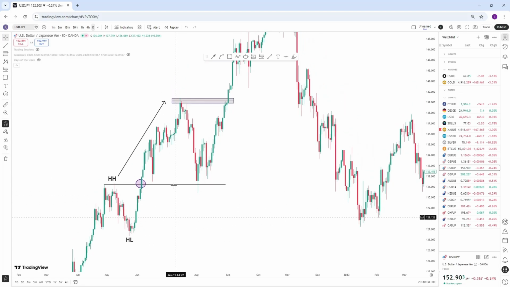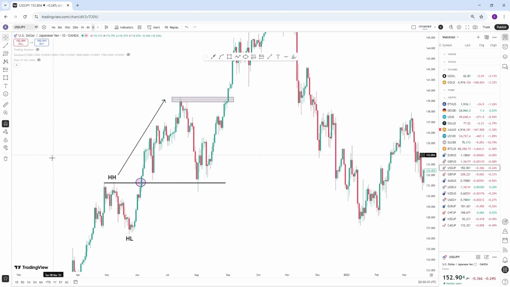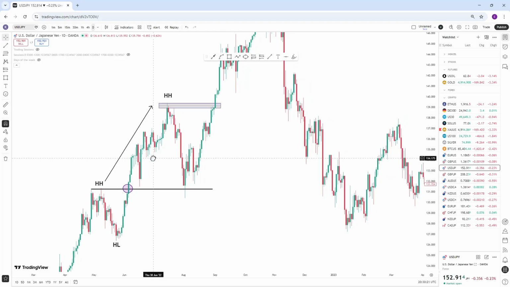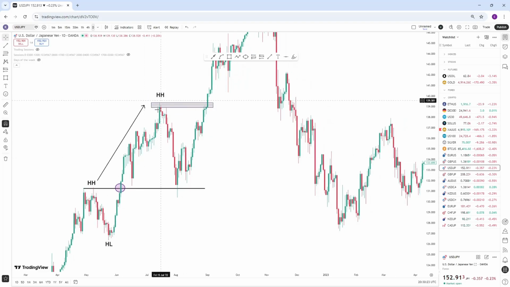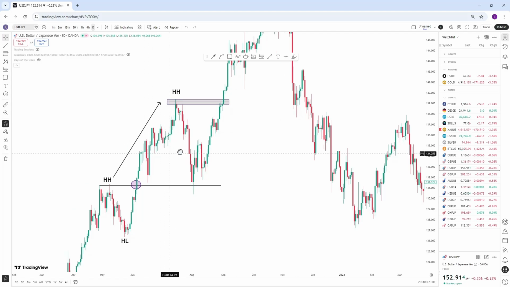The market is to make a higher high. It goes up here and makes a higher high. So what happens after every indication? The market has to correct. So what we have to do right now is see how we know if the correction has started.